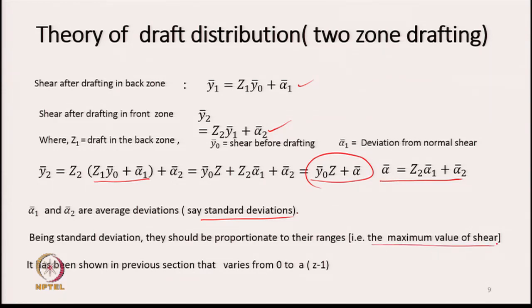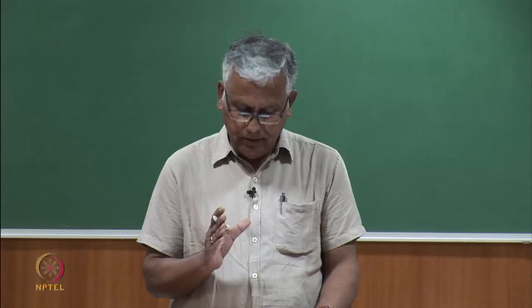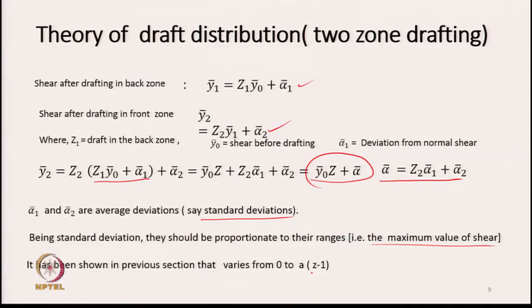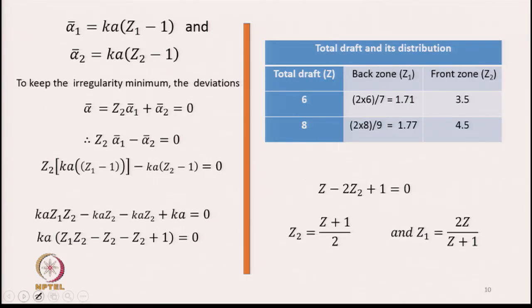It has been shown in the previous section that the minimum shear is 0 and the maximum shear is going to be A into Z minus 1. So alpha 1 bar can be written as k A into Z1 minus 1 and alpha 2 bar as k A into Z2 minus 1, because they are proportional to the respective shear.